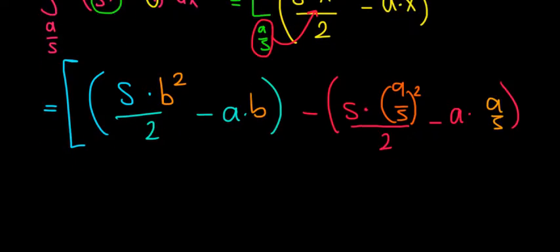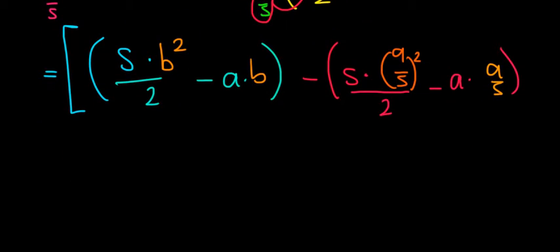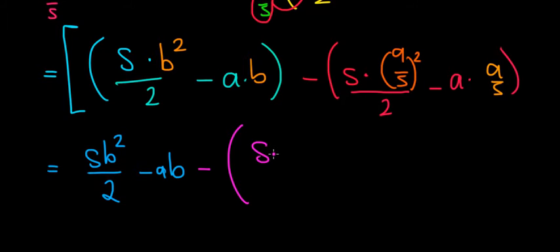Now what do we do next? We'll open some brackets over here. So we will have as a result s times b squared divided by 2, minus a times b. And now we work with this expression, minus, and in brackets we have s times, what is a over s to the power of 2? Well, we raise both variables to the power of 2, and we have a to the power of 2 divided by s squared over 2, minus, what is a times a?